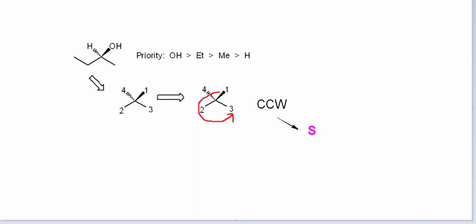Alright, proceeding as we did in class previously, we have the following priority ranking of each group attached to the chirality center. The highest priority is the hydroxyl group, number 1. Next, the priority 2 is the ethyl group, and third is the methyl group, and fourth is the hydrogen atom.